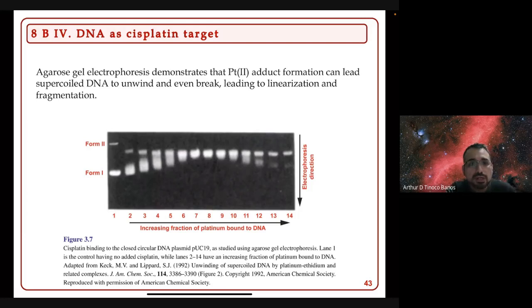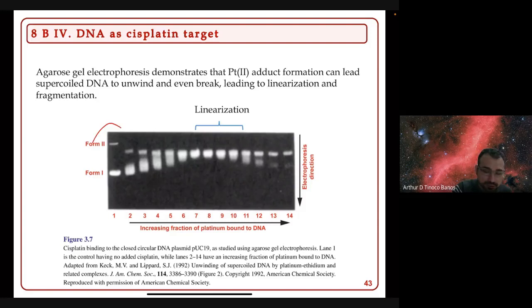And so here is an important study. This is an agarose gel that was performed in order to see what can happen to supercoiled DNA. As I mentioned to you last time, here we're looking at the different types of effects that can occur. One type of effect is that the distortion in the structure of DNA can lead to a linearization, and that linearization can be perceived in terms of how the DNA runs in this particular type of gel.